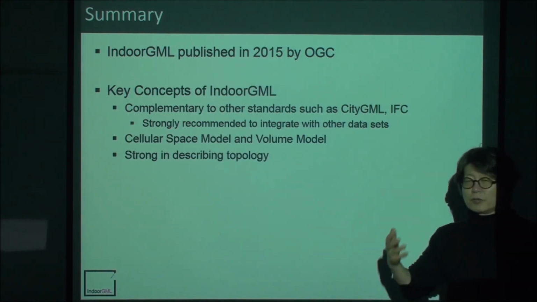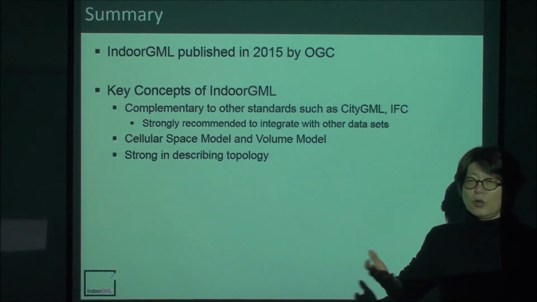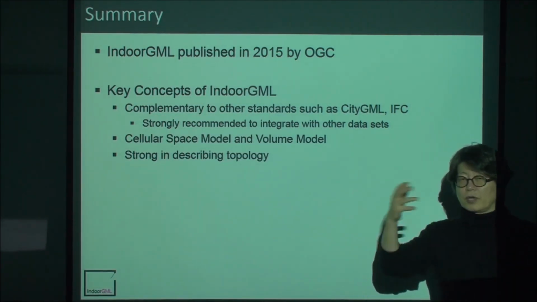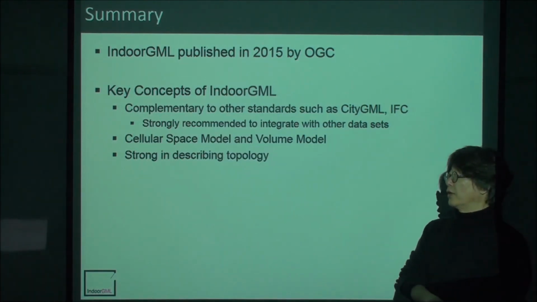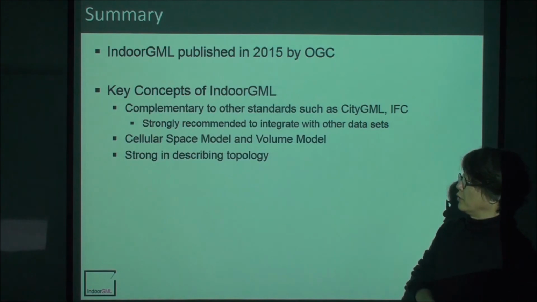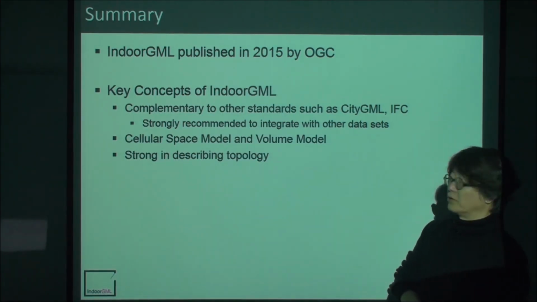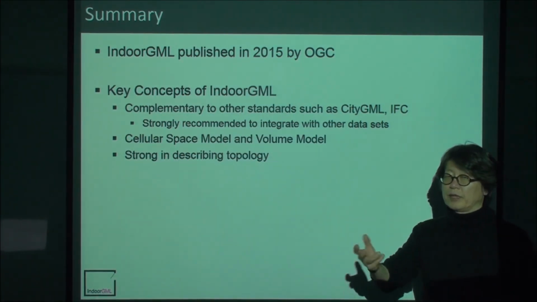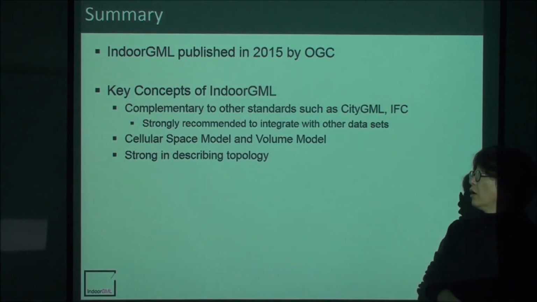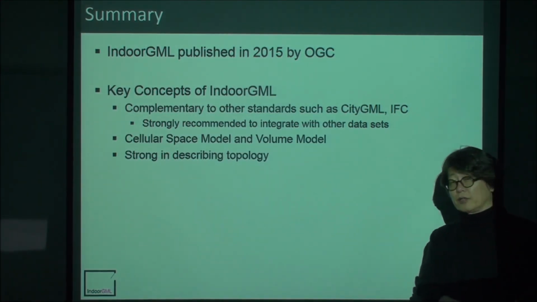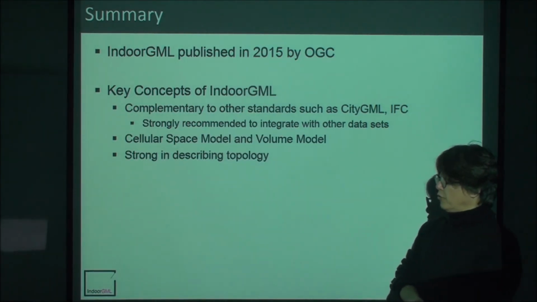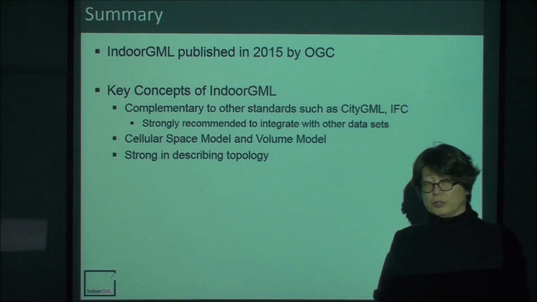Of course, it is possible to define a standalone IndoorGML, but it is much better to integrate it with other data sets. And the key idea of IndoorGML is a cellular space model, where we represent indoor space as a combination of a set of volumetric cells. And it is very strong in describing topology.